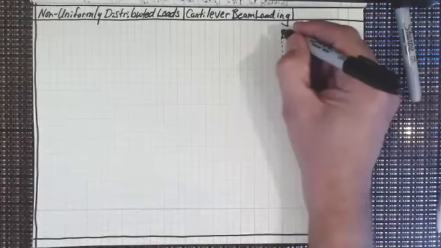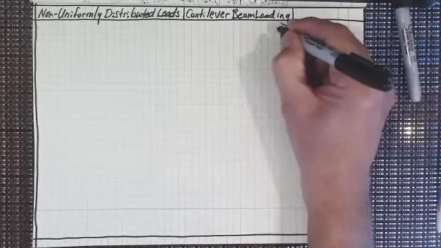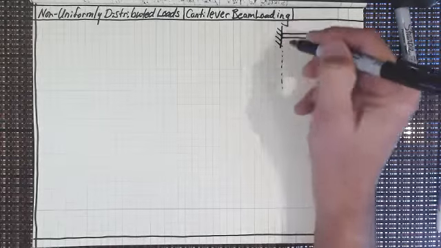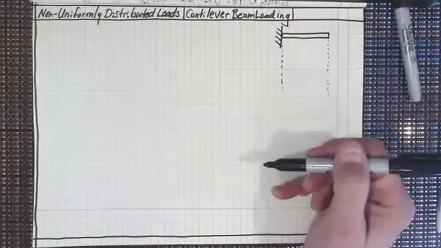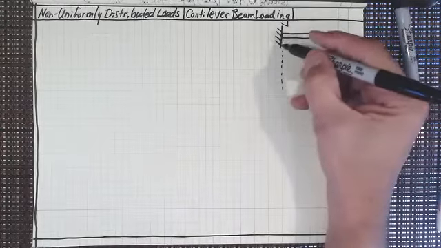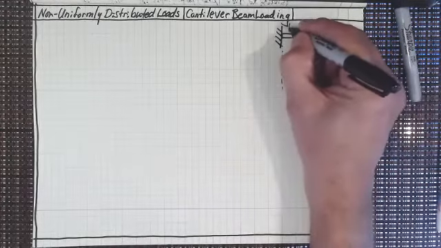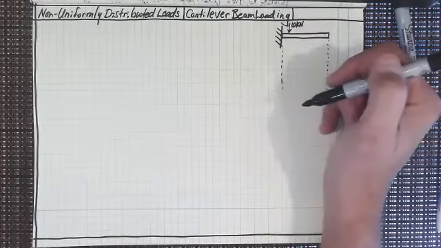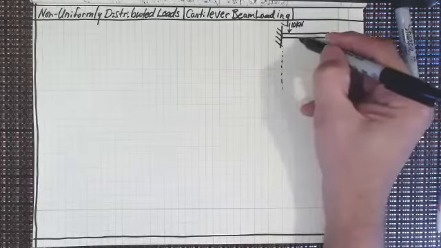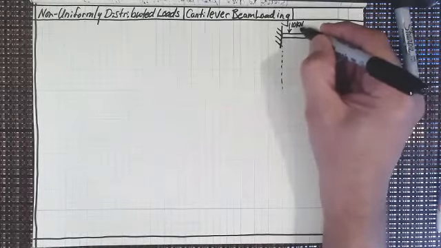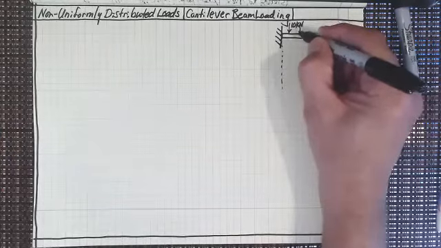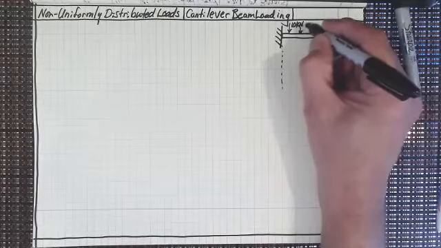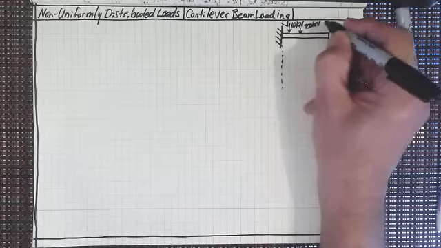Like I said, this is going to be a cantilever beam problem, so this is built into the side of a wall. Now, just 1 meter in to this, I'm going to have a 10 kilonewton force. And then another 1.5 meters, I'm going to have a 20 kilonewton force.